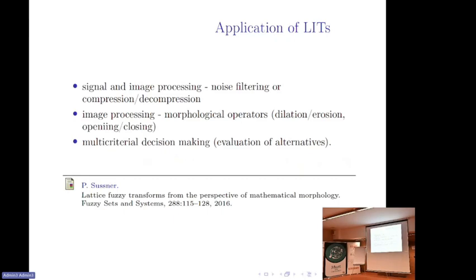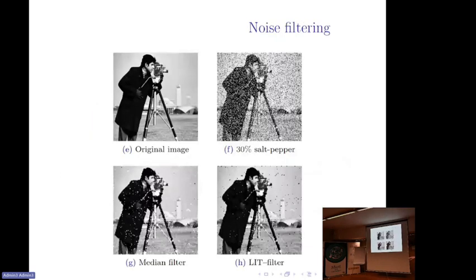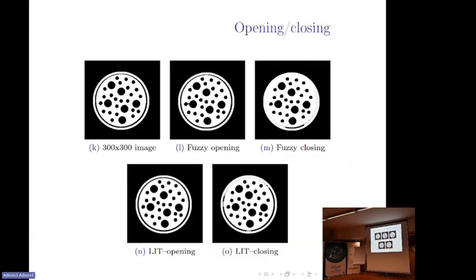But the question was, can we somehow measure the quality of this approximation, like in the standard real-valued fuzzy transform, because we are working on a lattice? So what is the construction? Here are just figures, pictures of opening and closing, for example. Here is fuzzy opening, fuzzy closing.